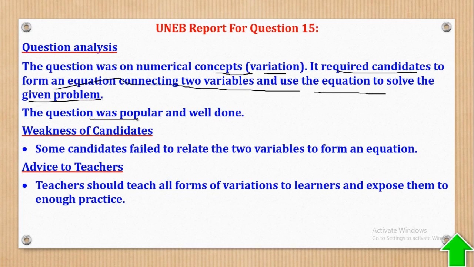The question was popular and well done. The weakness is that some candidates failed to relate the two variables to form an equation. It was advised that teachers should teach all forms of variations to learners and expose them to enough practice.